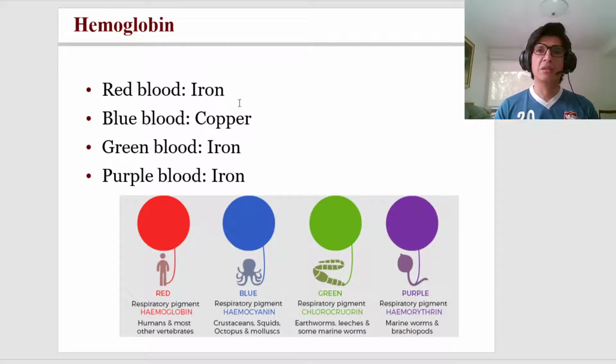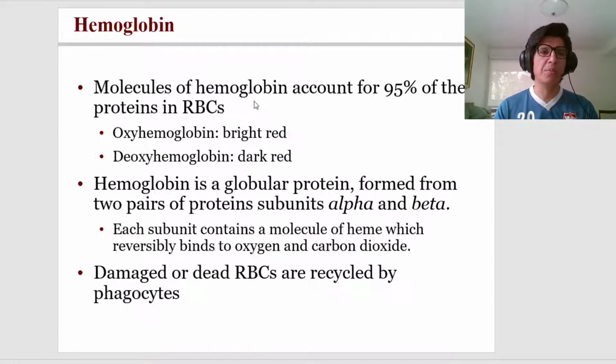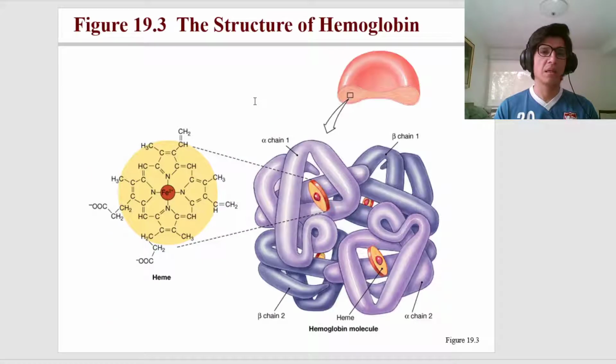However, this iron is not just freely flowing. It is bound to an inorganic moiety. In the case of red blood cells, we have a heme group. And in the case of the other types of blood cells, you also have an inorganic moiety that gives them these visual characteristics.